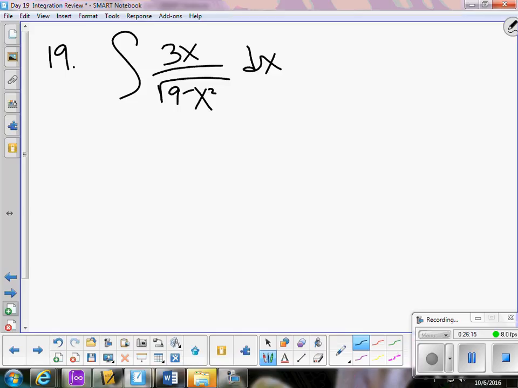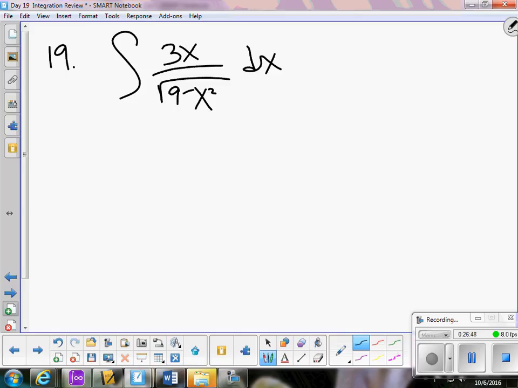Okay, first of all, when you look at this, are you thinking, oh, inverse trig? No. Because if the x wasn't up there, then it would be an inverse sine. But because you have that x up there, it's going to be regular old u sub. But I will pull that 3 out. If the degree up here is 1 less than the degree down there, it's going to be u sub.